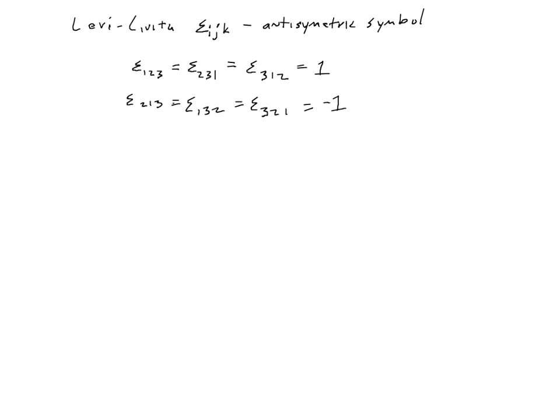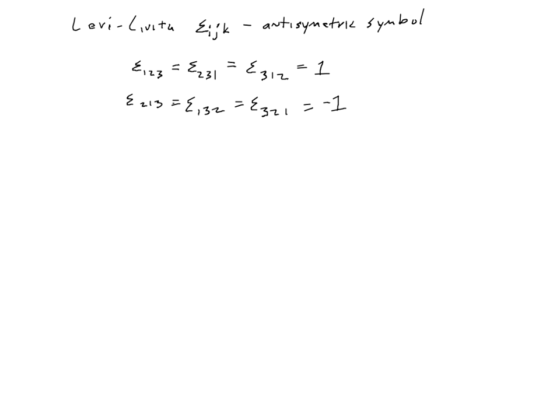So if you flip the order of the indices just one time, you flip the sign. But if you flip it twice, you flip the sign back. So if I flip the order of 3 and 1, that flips the sign to -1. But if I flip 3 and 1 and then flip 1 and 2, that gets it back to 1. Does that make sense?